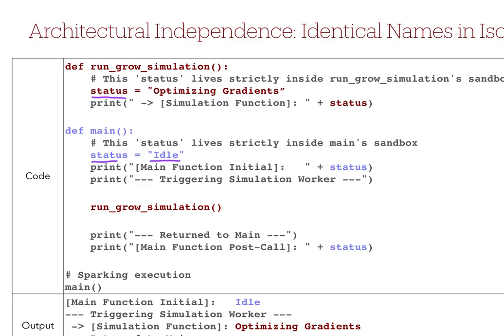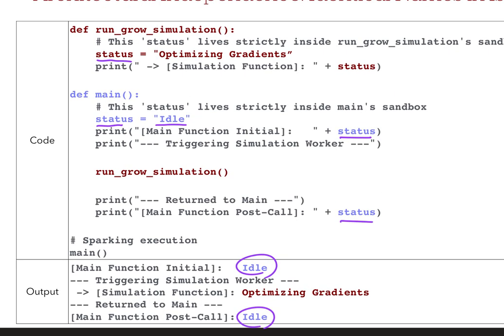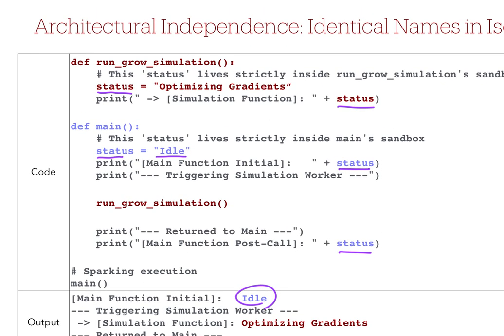So within this main function, if I try to print the value of status, it has the value of idle. If you use the variable status within this run grow simulation, it has the value of optimizing gradients. So these two variables, even though they have the same name, are defined with different values, and there will be no conflicts between them.